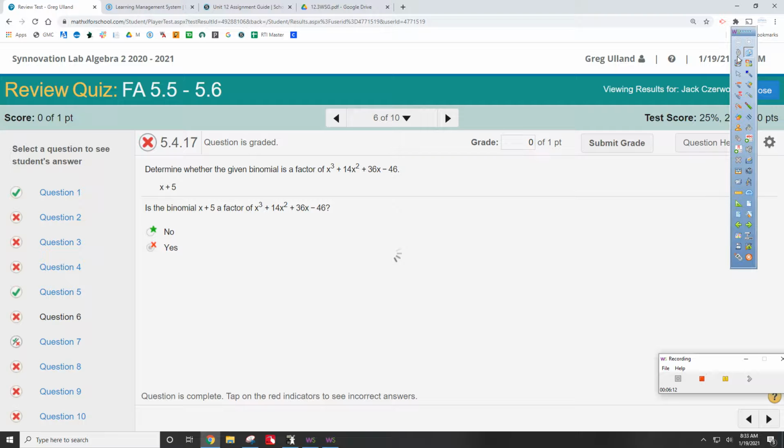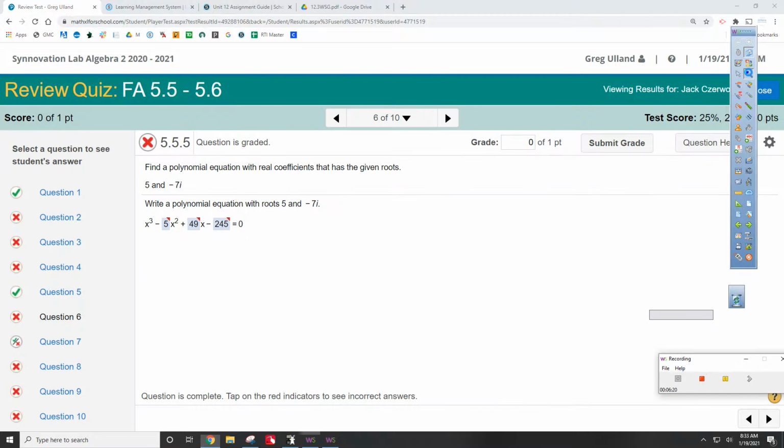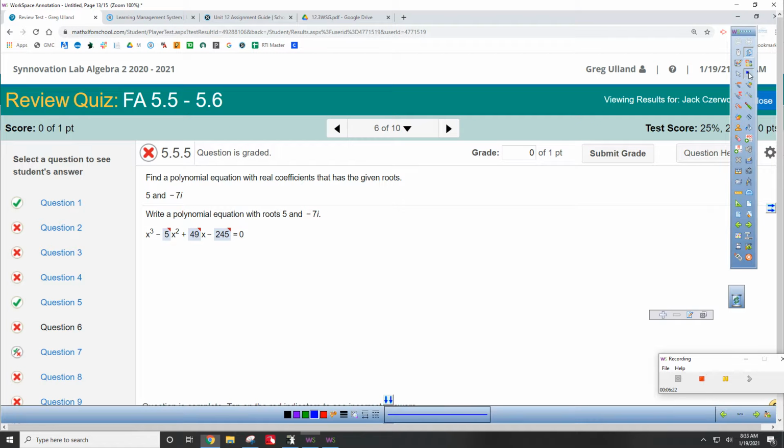Okay, now this is the hardest question on here, Jack. Now, if 5 is an answer, then that tells us nothing else. But if negative 7i is an answer, then positive 7i is also an answer, okay? There's a theorem that says if radical pi is an answer, then negative radical pi is an answer. If 7i is an answer, then negative 7i is an answer. It's only true for the irrational and the imaginary numbers, the complex numbers.